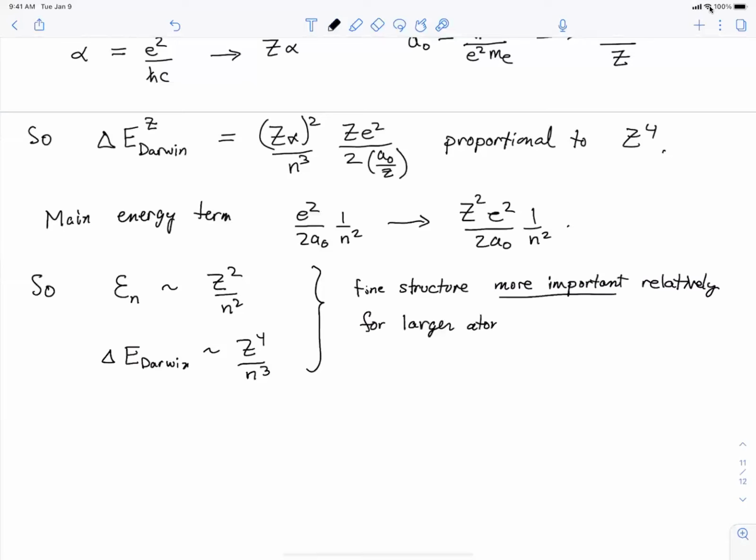And it's more important by a factor that goes like Z squared. So if Z is 20 or 30 or 50, the fine structure is less and less ignorable. You have to be more careful to include it if you really want the right answer. But it's also relatively less important for excited states, and that's because it's got an extra power of n in the denominator.